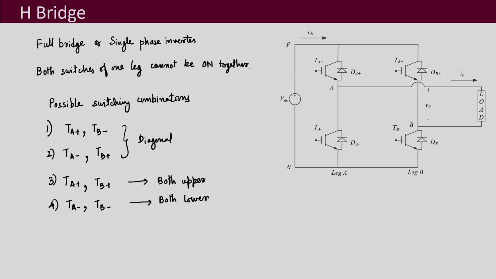So, these are the 4 possible switching combinations for the H-bridge converter. Now, let us look into each switching combination and the corresponding equivalent circuit.